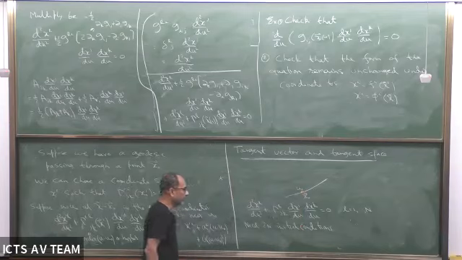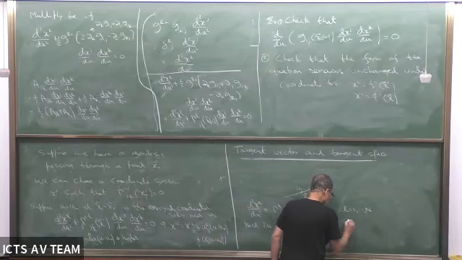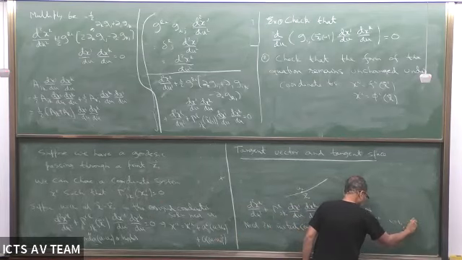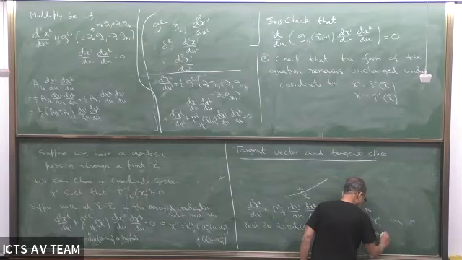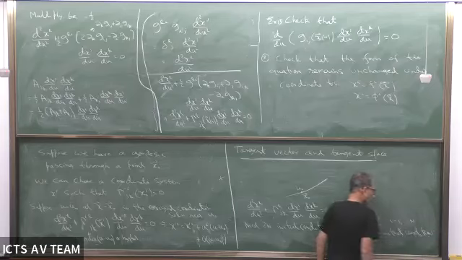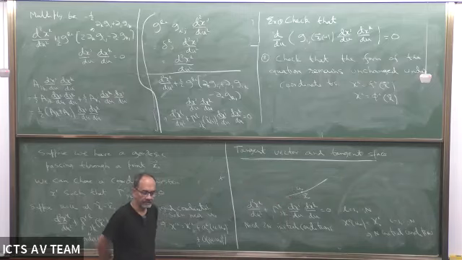So n of those initial conditions are fixed by the fact that x^i at u naught should be equal to x naught^i, for i equal to 1 to n. This gives you n initial conditions, because if it's passing through x naught, it better be equal to x naught^i at u equal to u naught.